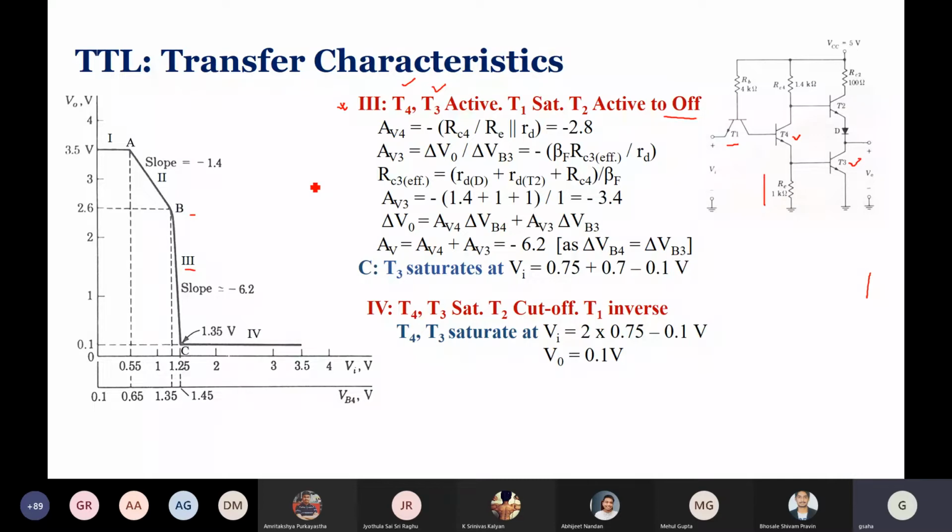And calculation wise, how does it now look? So the gain AV4 that we talked about before, we considered RE to be 1 kilo ohm, because this was not on. Now when this T3 is on, the dynamic resistance over here will also come in parallel.